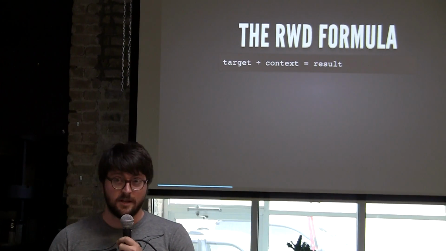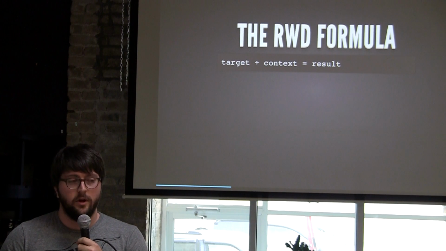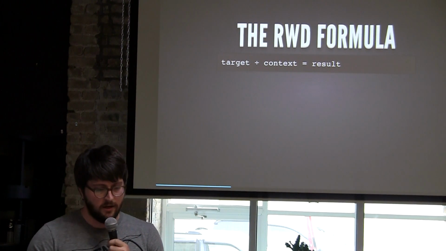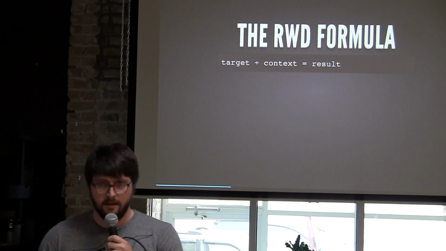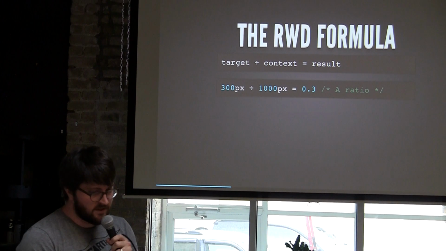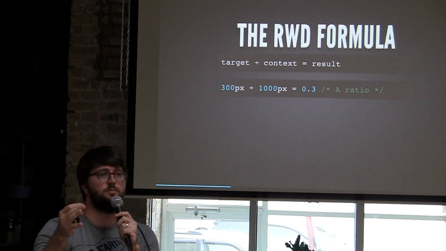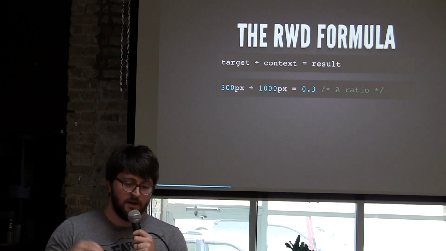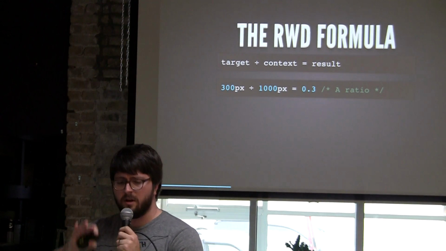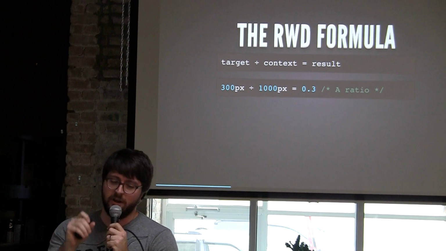The responsive web design formula is really, really simple. Everyone memorize it: target divided by context equals the result. All right, everyone soak this in. So if you have a 300 pixel column in your grid of 1,000 pixels, that's really terrible, but a really even number, you get 0.3.